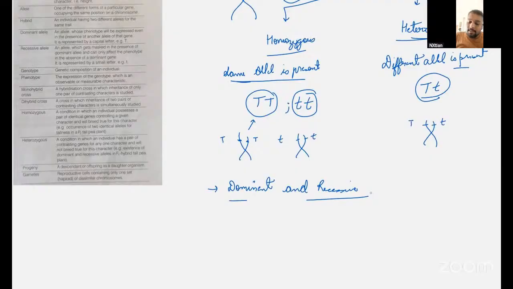So dominant allele is the allele or the character which will show even when two different groups of people are there. For example, this is the heterozygous.